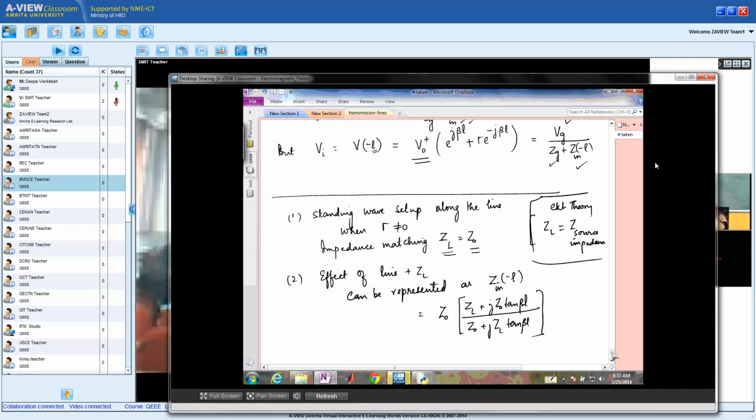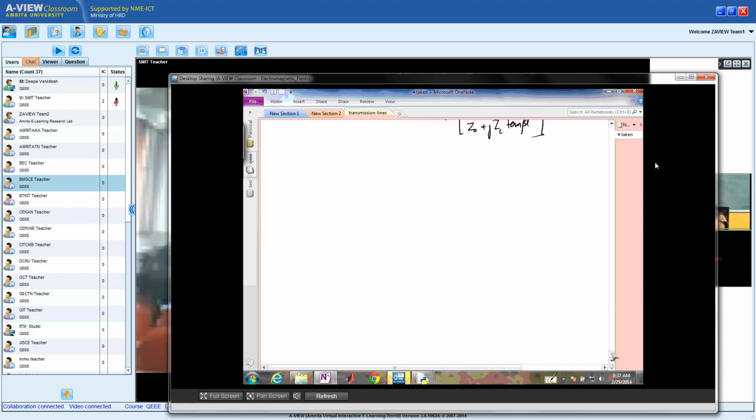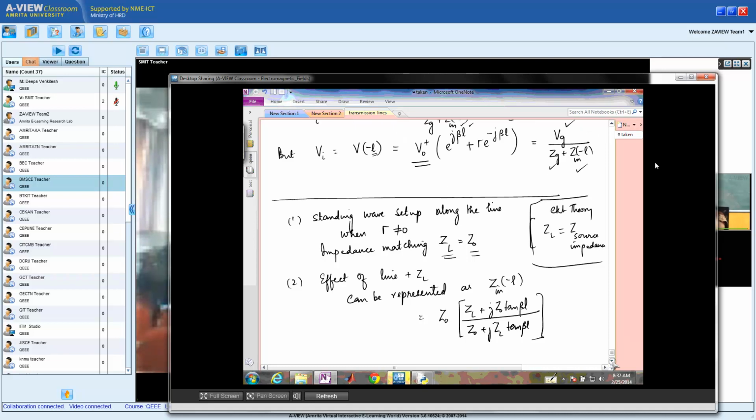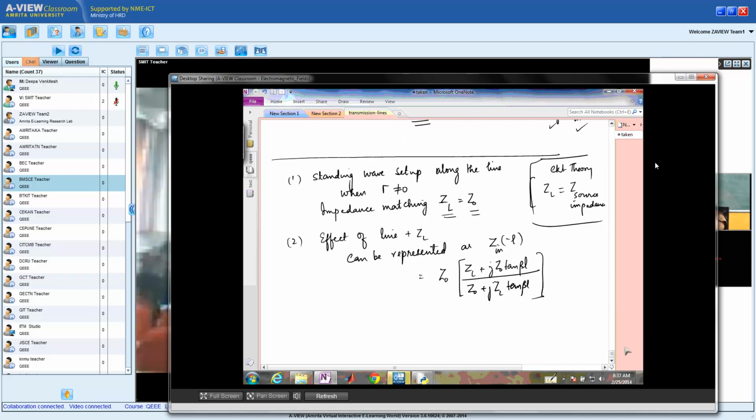Now, there are some useful applications or useful cases that would be useful. All we have been saying until now is that if I have a large frequency, long length, I need to be considering the effect of transmission line, and the effects of transmission line are finally summed up as these.